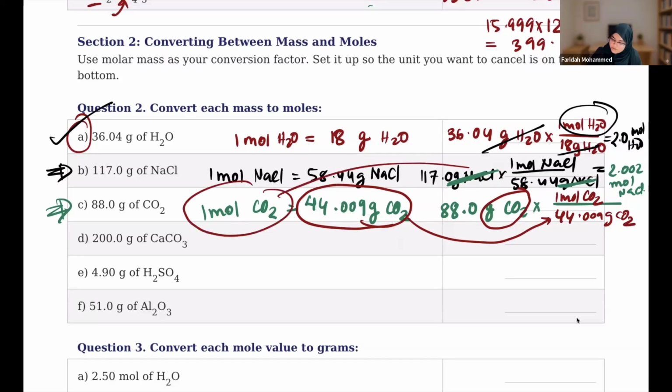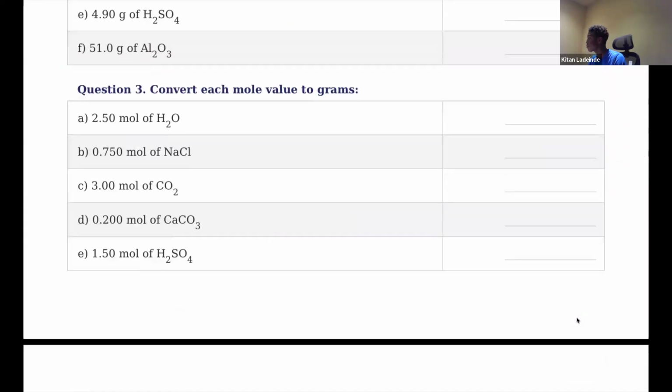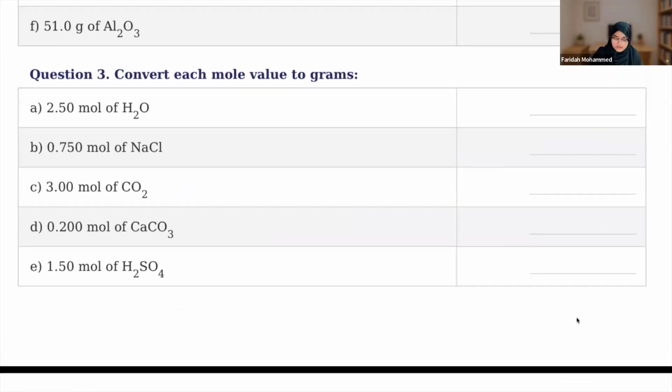The mole part goes on the top. You see it? That's why you are able to cancel the grams, the unit, and the identity, grams of CO2. And then you can multiply and divide, and you're going to get around 2 moles of CO2. Okay.